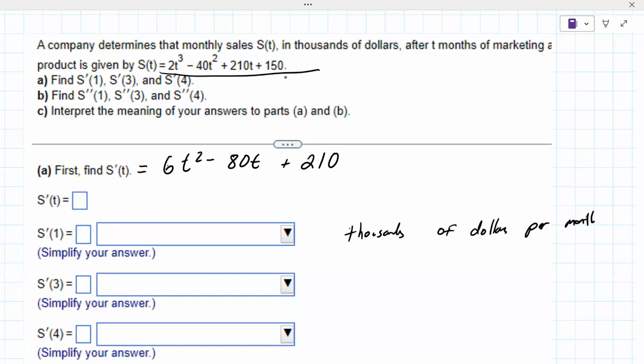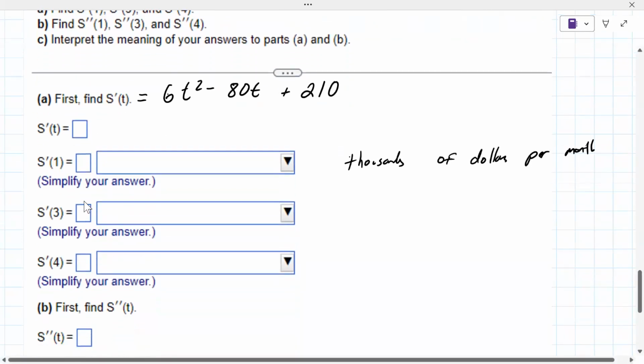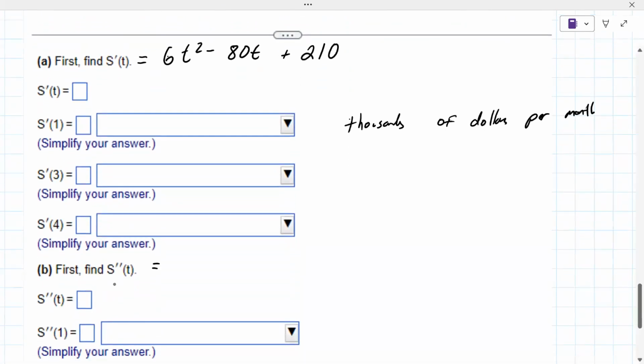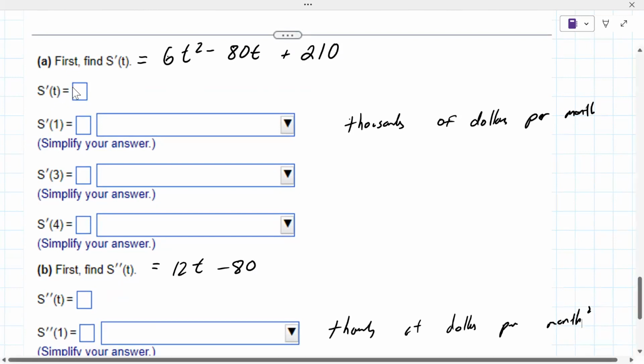And for the second derivative, 12t minus 80, it would be thousands of dollars per month squared for the units.